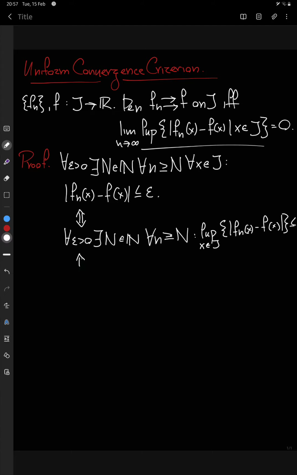But of course, this is the very definition of a limit. So this is the same as saying that the limit as n approaches infinity of the supremum x in J of the difference f_n(x) and f(x) is 0, which is precisely what we wanted.